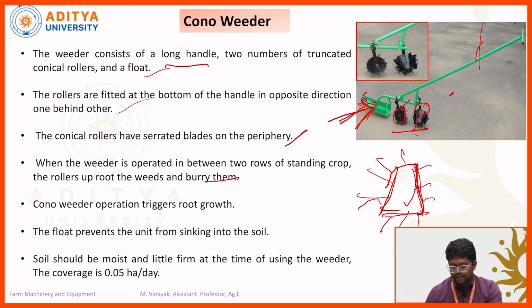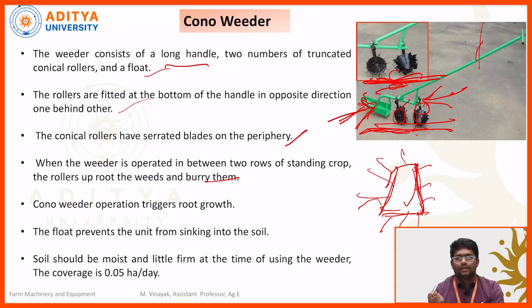So while operating this weeder in between the two rows, suppose here and here two rows were there. This weeder will be operated in between the two rows. The main function of this roller is to pull up the weeds in between the two rows and bury them, nothing but whatever weeds were pulled by this type of weeding tool will be inserted again into the soil in a mud field.